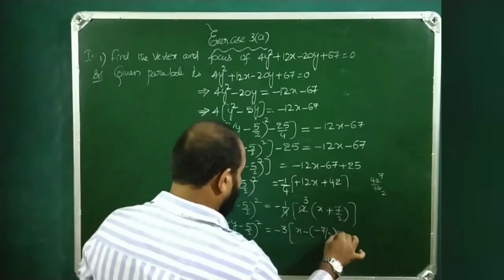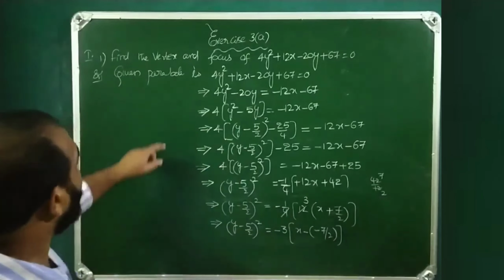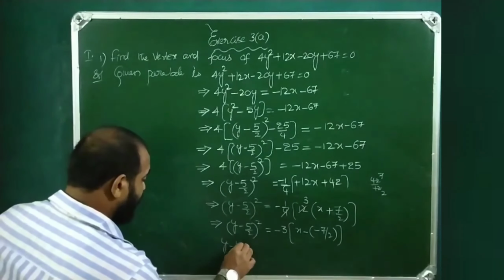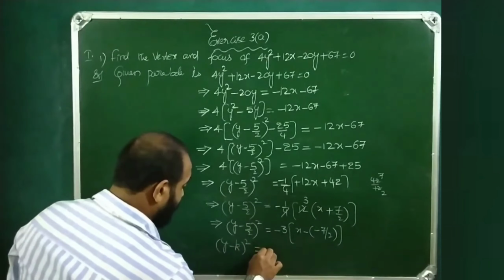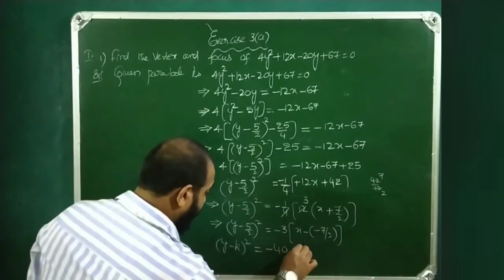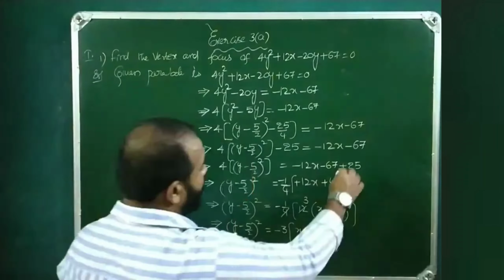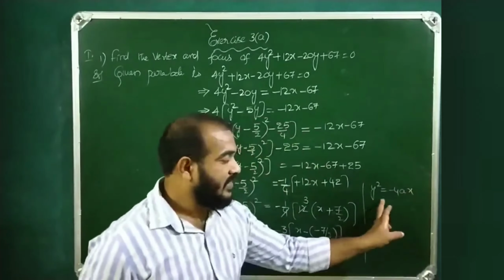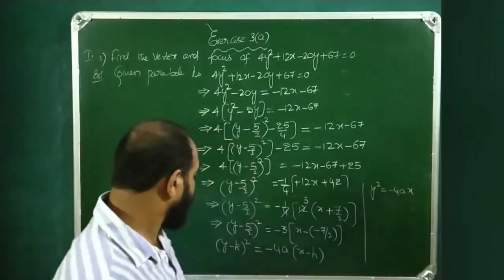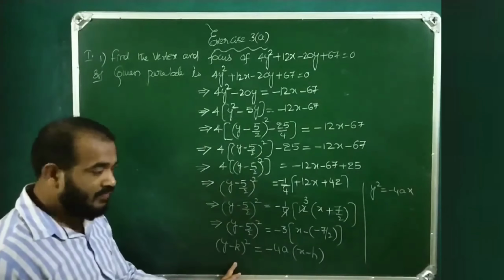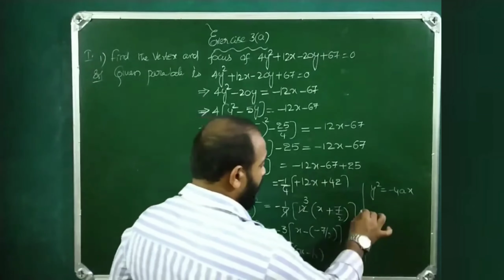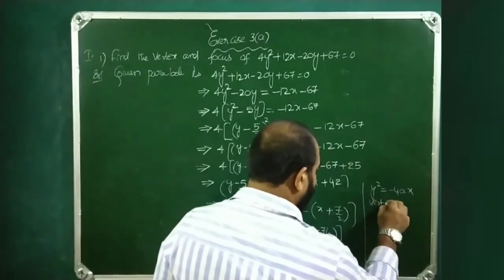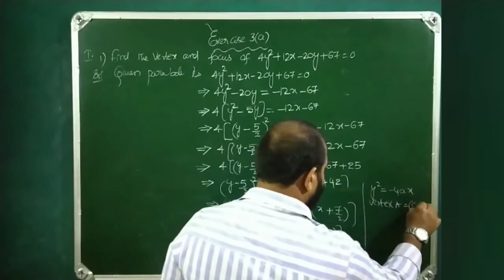So what is required is the vertex and focus. First of all, this could be compared with y minus k whole square equals minus 4a into x minus h. For y square equals minus 4ax, the parabola's vertex is at the origin, so the vertex A is 0, 0.